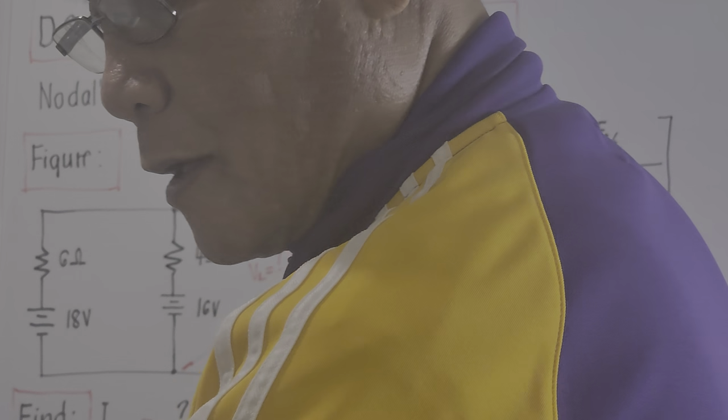Let's compute the value of the denominator separately. It's the summation of three fractions: 1 over R1, 1 over R2, plus 1 over RL. We are given R1, R2, and RL, so this will be 1 over 6, since R1 is 6 ohms, R2 is 4 ohms, and the value of RL is 24.